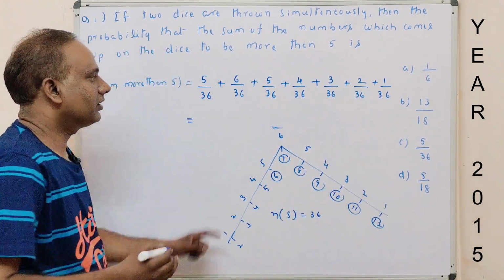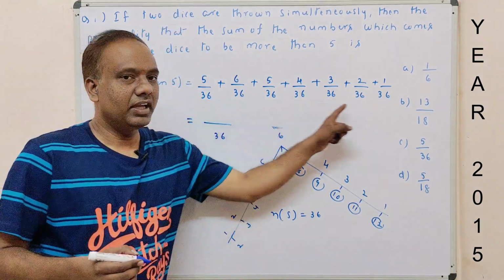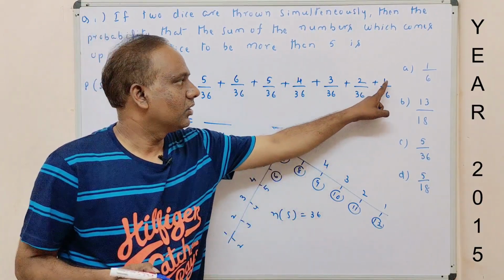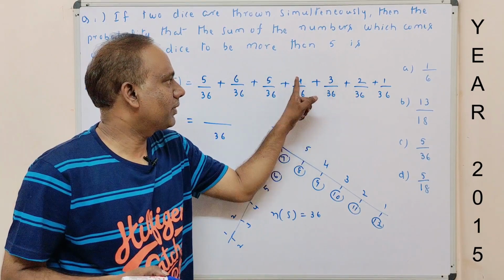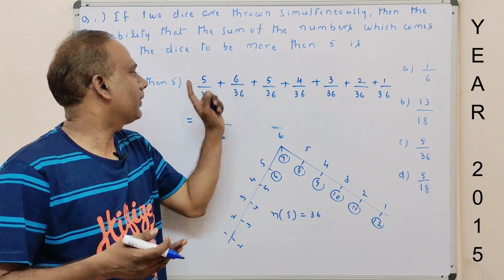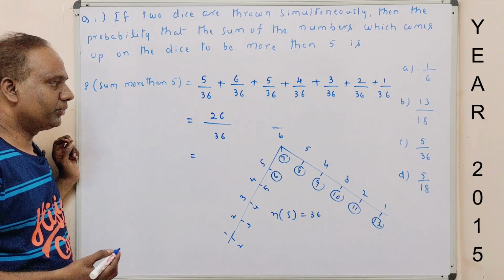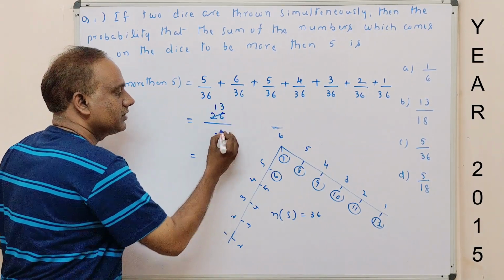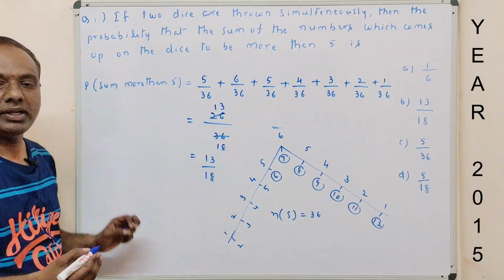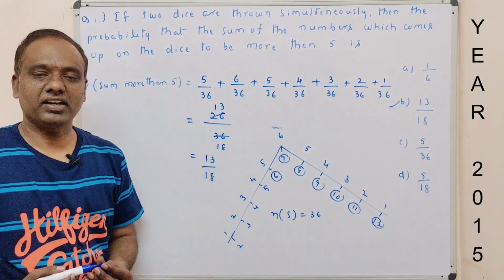Now here the LCM is 36, so the denominators are the same, so we can add the numerators directly. So 1 plus 2 is 3, 3 plus 3 is 6, 6 plus 4 is 10, 10 plus 5 is 15, 15 plus 6 is 21, 21 plus 5 is 26. Now we can cancel by 2: 2 thirteens are 26 and 2 eighteens are 36. So 13 by 18. So option B is the correct one.